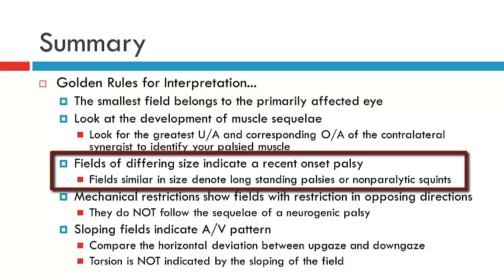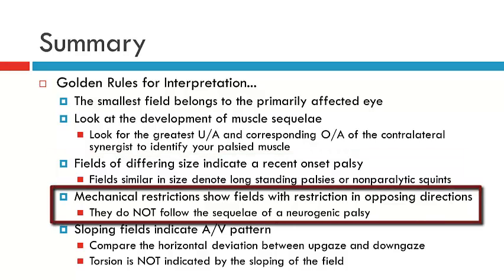Or perhaps it's non-paralytic. So as an example, if you plotted the ocular movements of a patient with a non-accommodative esotropia, what you would find is essentially a concomitant deviation, because the patient doesn't have a neurogenic palsy. They have a concomitant strabismus, and the Hess chart will show you this.